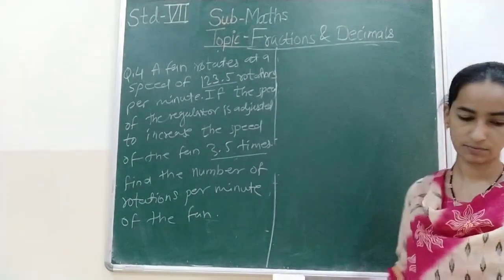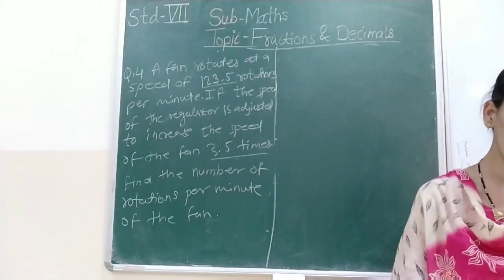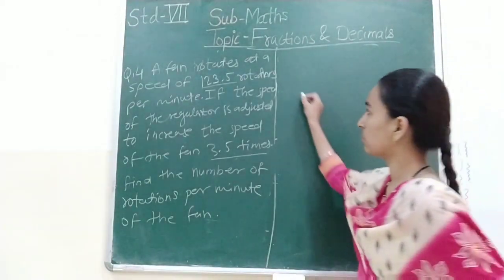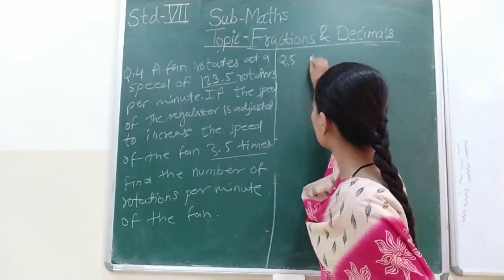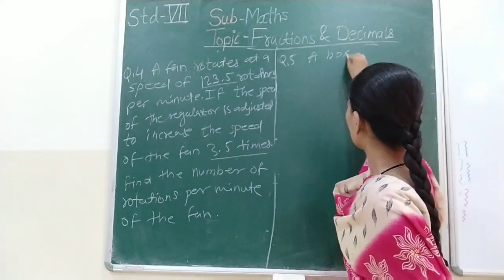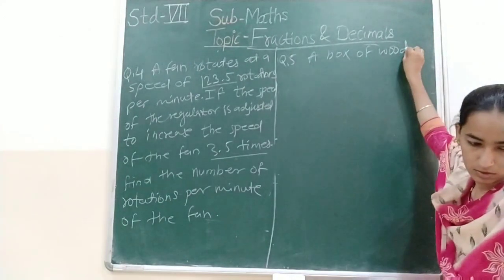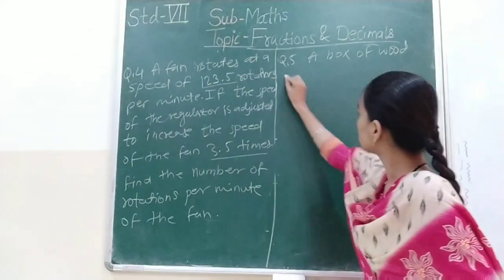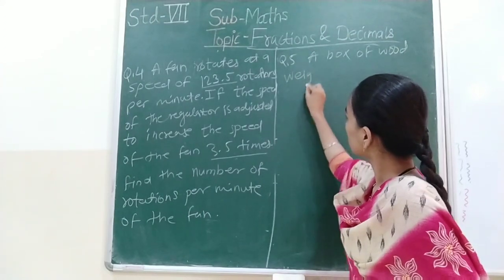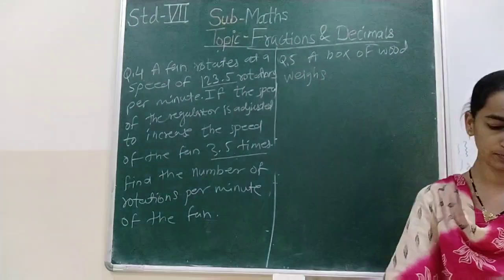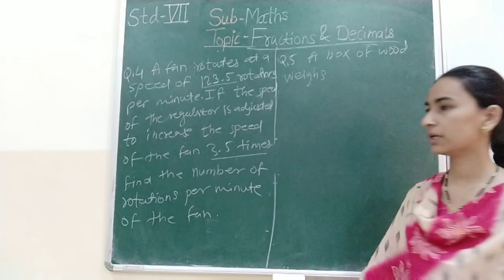Next question, question number 5. A box of wood weighs 13.3 kg.